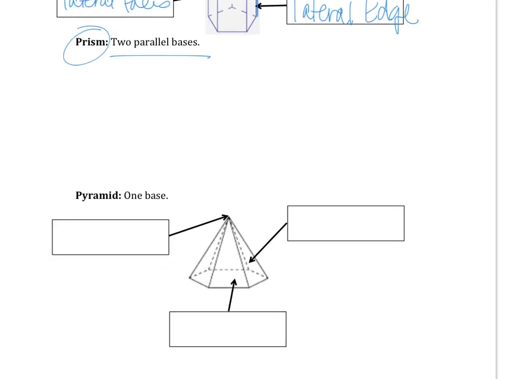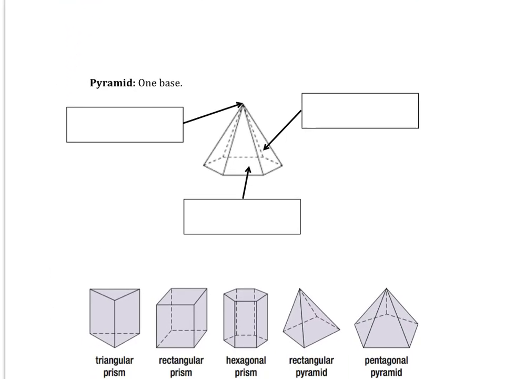So that's my prism. Difference with the pyramid is it only has one base here. So just this bottom base right here. Okay, so that's my base. This point here at the top, that's called a vertex.